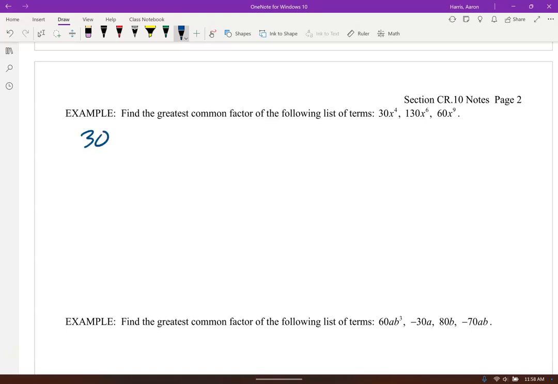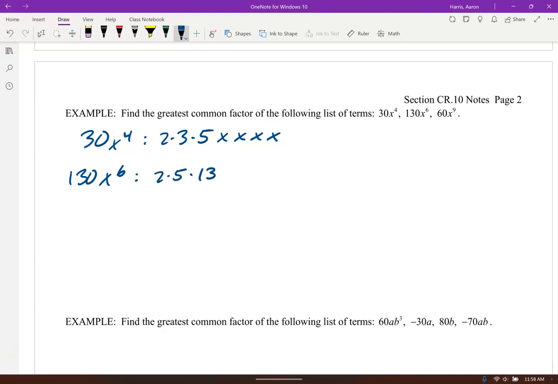Kind of annoying, right? Let's do it with variables now. So 30x to the 4th. 5 and 6 is 30, but 6 is 2 and 3. So 2 times 3 times 5. Then I've got 4 x's. 130x to the 6th. Well, 130 is 13 times 10. 10 is 2 and 5.